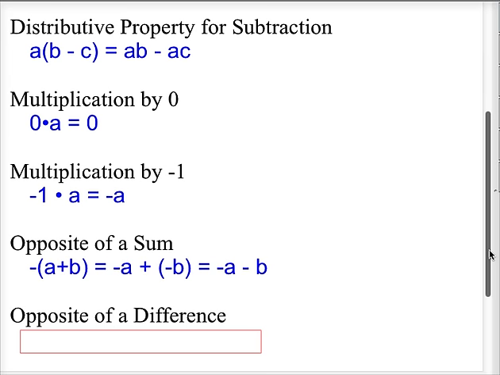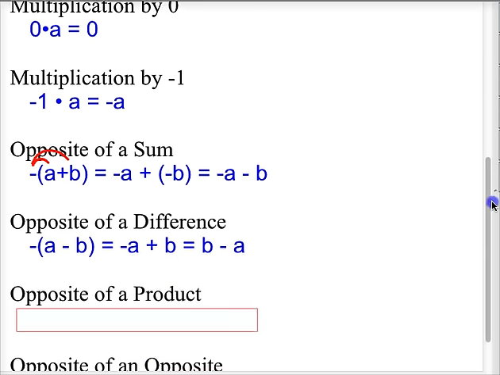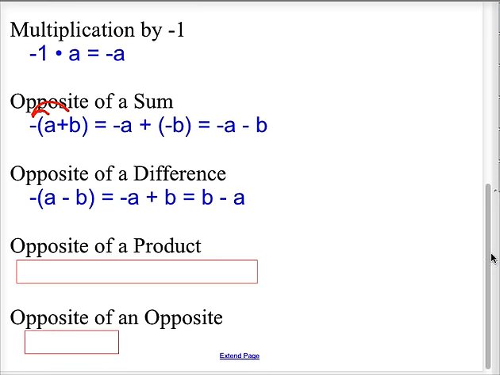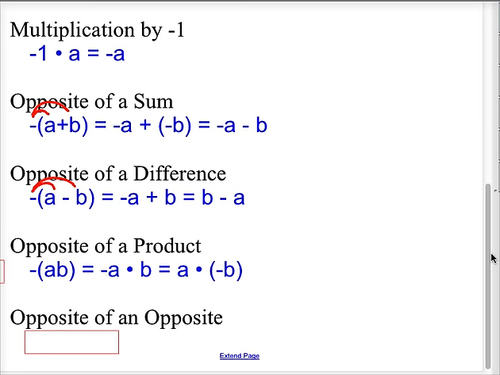Opposite of a sum, well, that negative will distribute to both pieces of that sum. That's something that's very important, to notice the distribution of that negative. Opposite of a difference, again, think just a distribution. That second thing will actually turn positive.